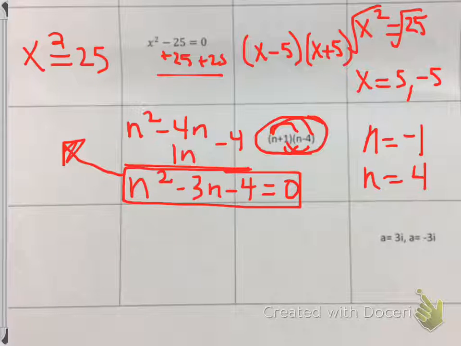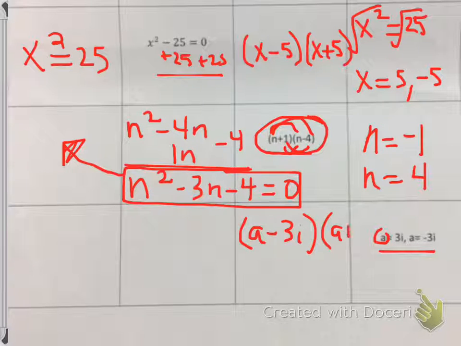Again, I have my solutions over here, which means I'm going to put them back into my parentheses as the opposites. So because the variable was a, I'm going to do a minus 3i, and then a plus 3i. And then in order to get my equation, I'm going to multiply those back together. So FOIL it, I'll have a times a, which is a squared.